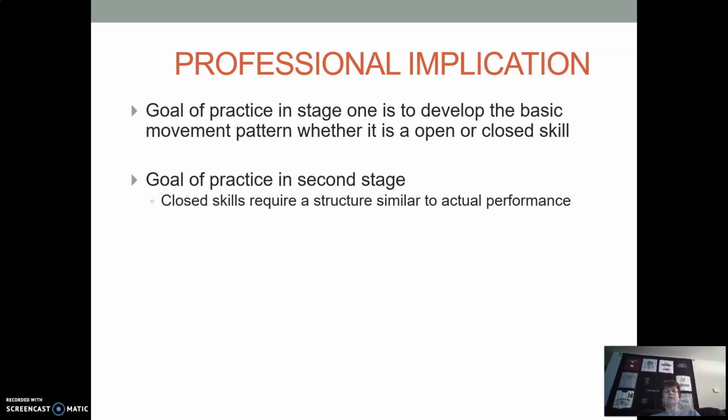So if it's a free throw shot, which is a closed skill, I'm going to try to make it as game-like as I can, refining the movements of that closed skill. If it's an open skill, again, I'm going to vary the conditions and practice in ways. How many different ways will they need to be able to perform that skill in real life or in the real game?